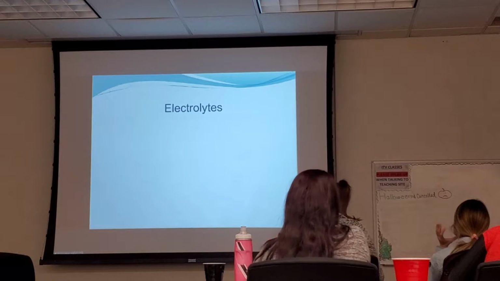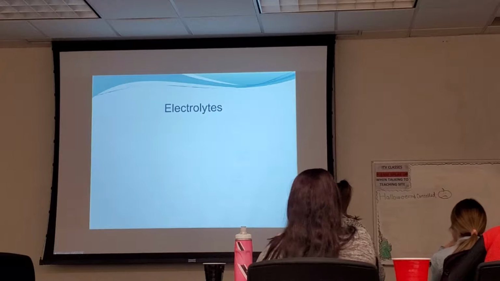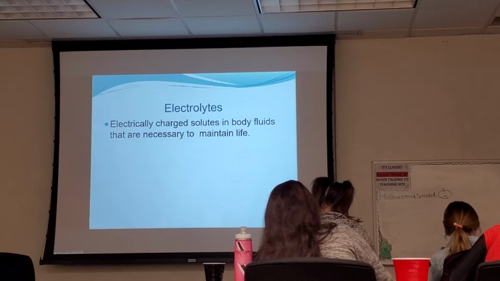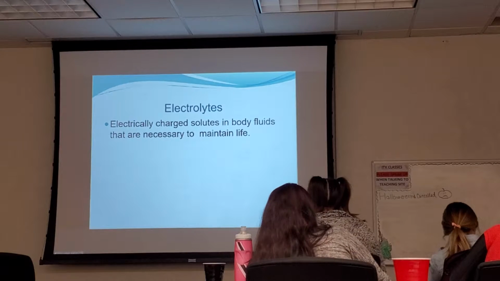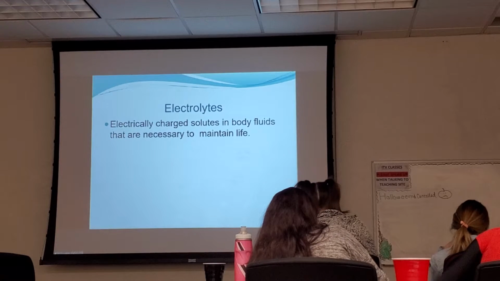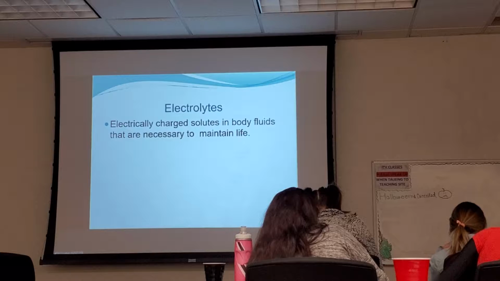The other side of that fluid electrolyte equation is the electrolyte part. And electrolytes, by definition, are simply those particles or solutes that are in our body fluids that are necessary to maintain life. So when we looked at the mineral components of nutrition, minerals are electrolytes.